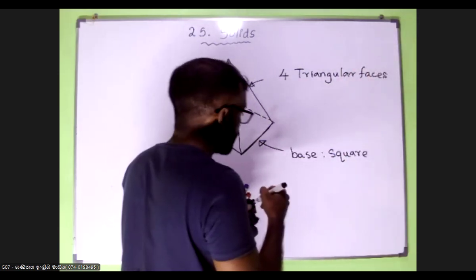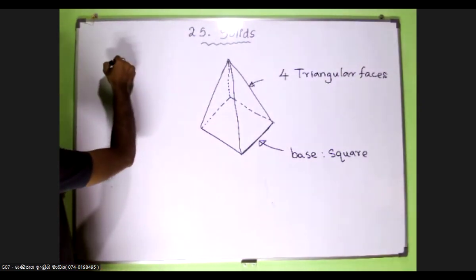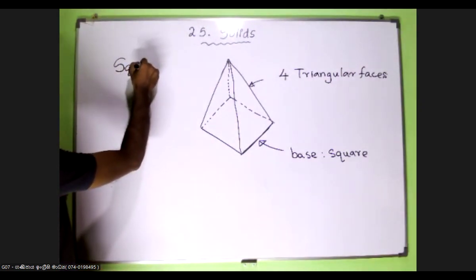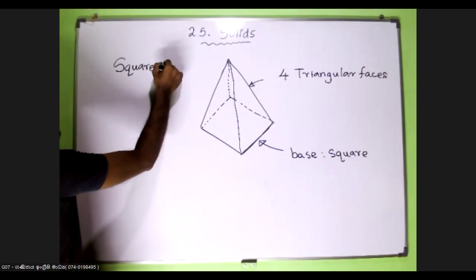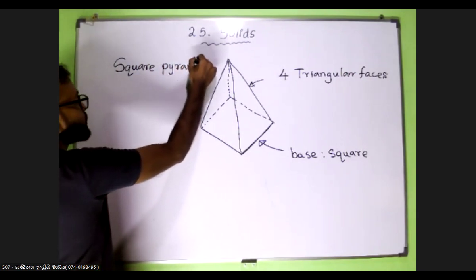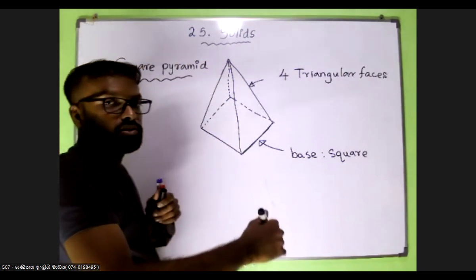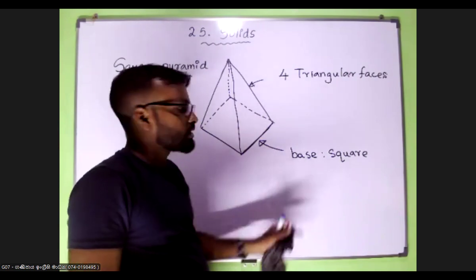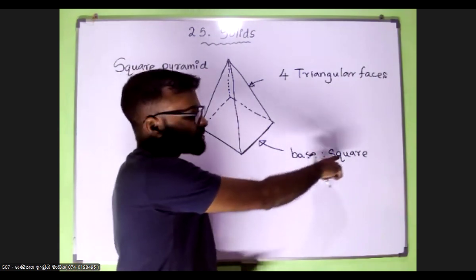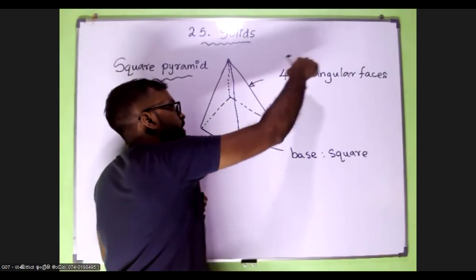So this is called a square pyramid. The base is a square. That is why I call this a square pyramid. So you can name these things. Base is a square, and you have 4 triangular faces.